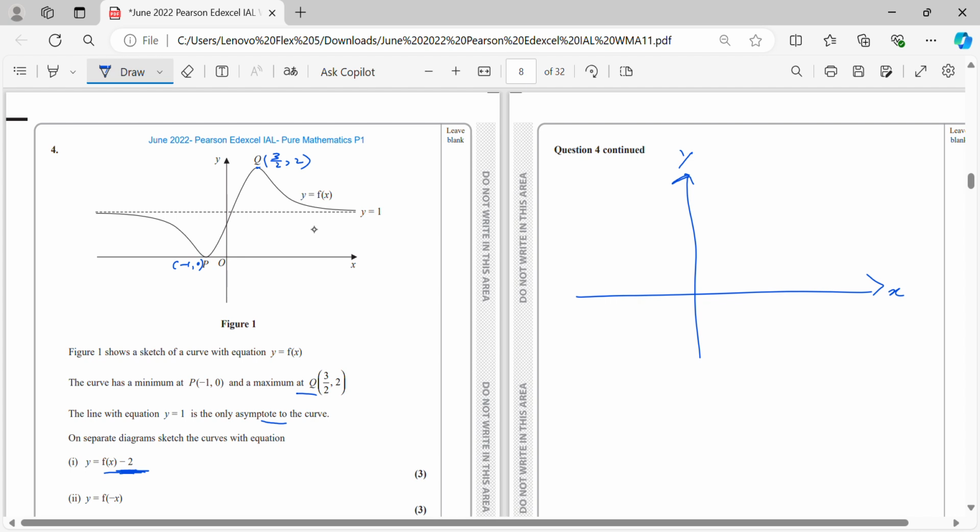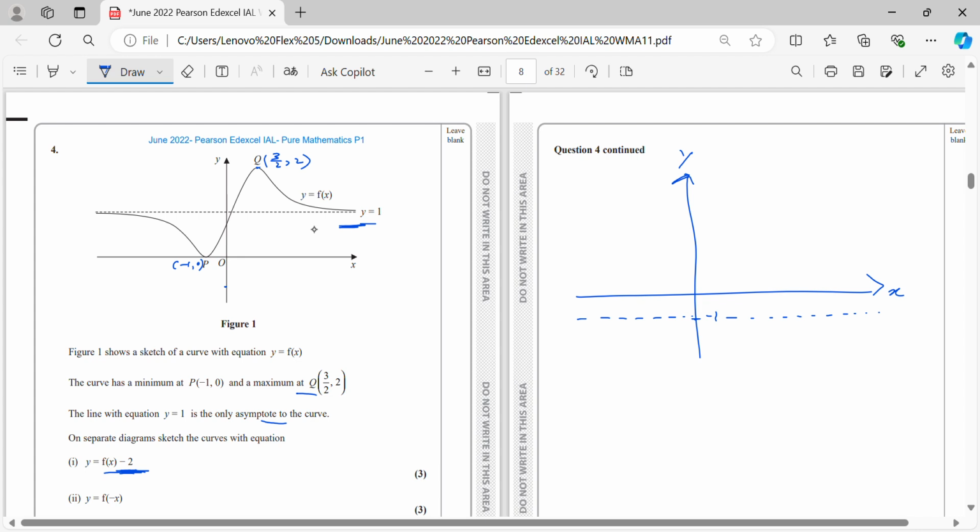So the Q point, first let's shift the asymptote. Asymptote here is at y equals 1. So if I shift it 2 units down, so 1 from 1 to 0 and 0 to negative 1. So this will come here. So this is negative 1 and my asymptote is this, shifted 2 units down.